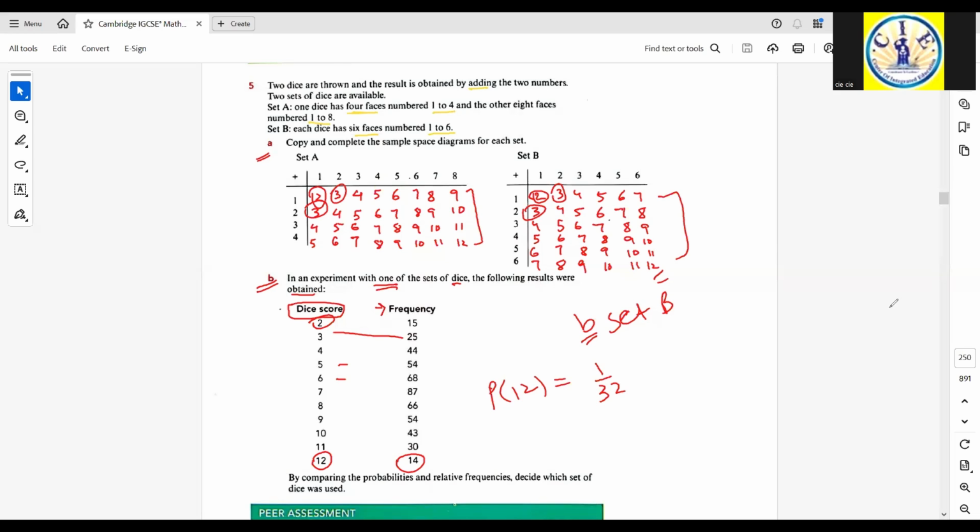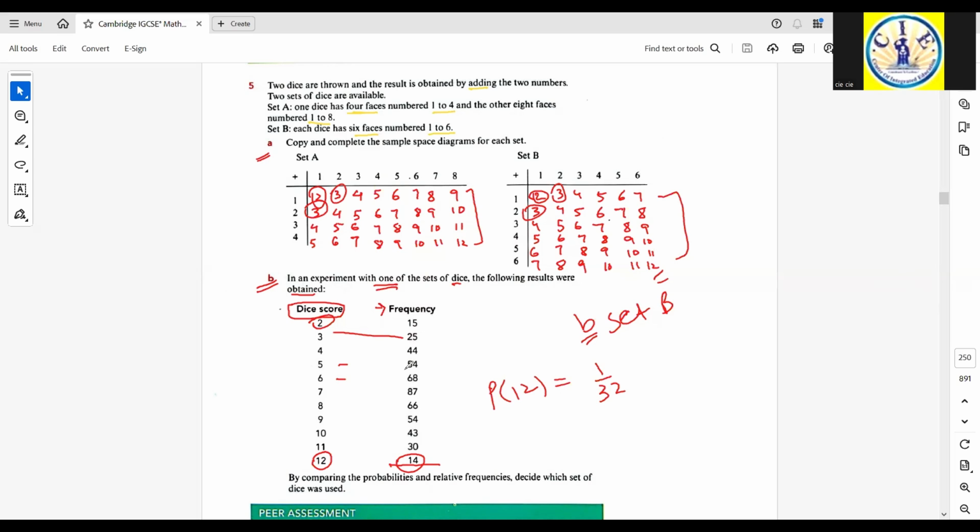And there is another way in which we can find out the result, which is that set B is more likely to have this frequency table. Let's calculate the sum of the frequencies from this table.